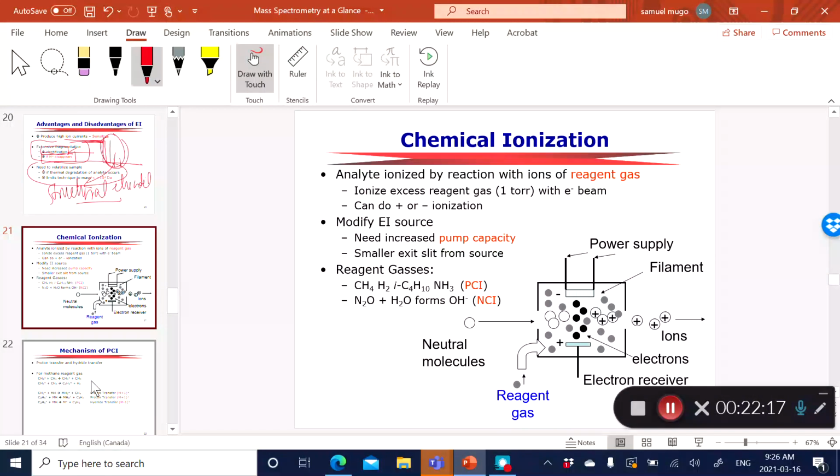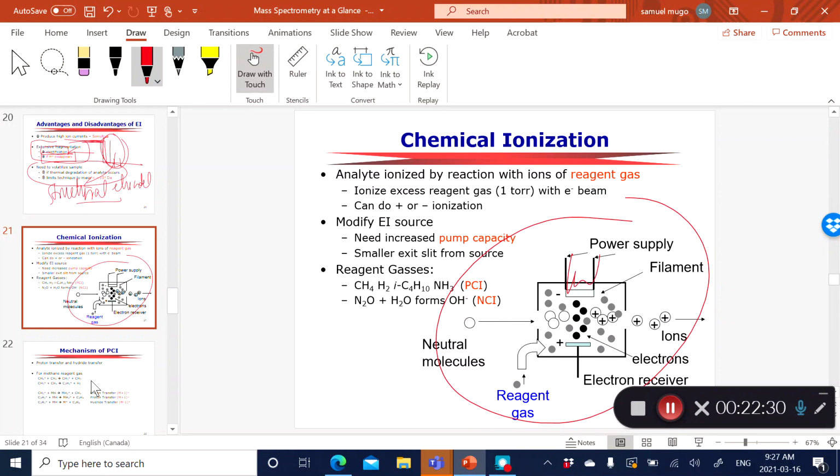The other type of technique, which is a little softer compared to EI, is chemical ionization. As I said before, it's exactly similar to EI in terms of the type of chamber that is used. It's a filament, with an anode pulling those electrons, and the neutral species going through that high-energy environment containing the electrons.